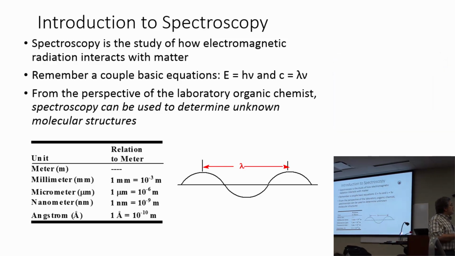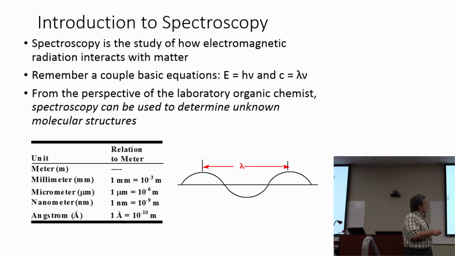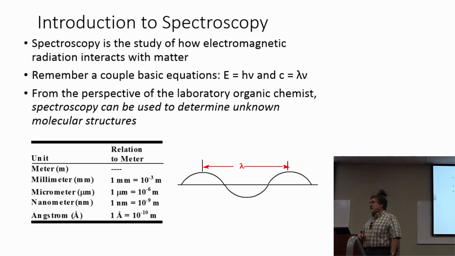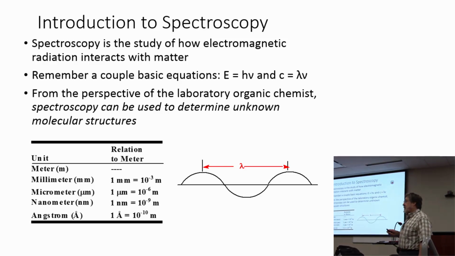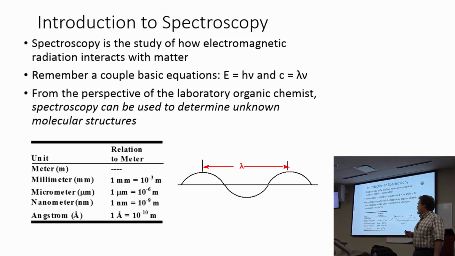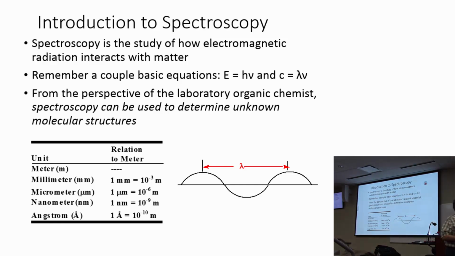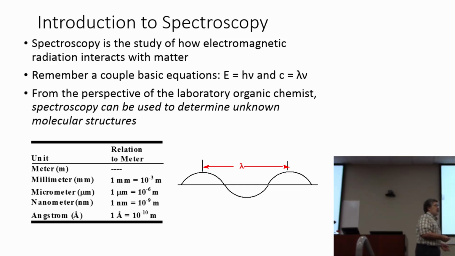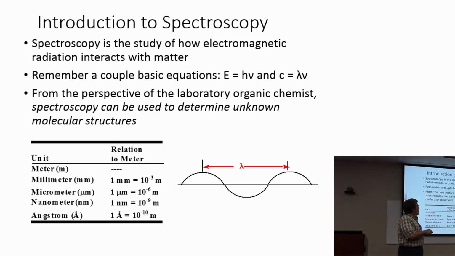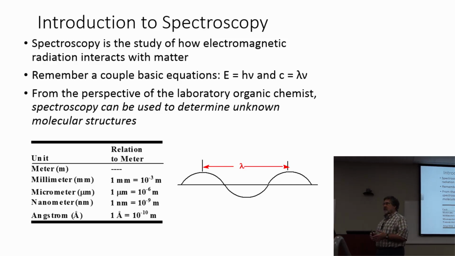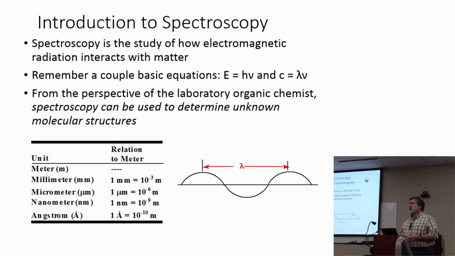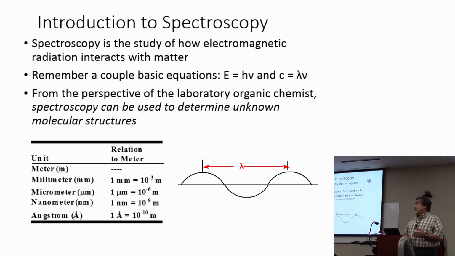The other relationship, c equals lambda nu. Again, c is a constant, the speed of light. Now this is an inverse relationship, because both the variables are on the same side. Lambda stands for, anybody remember?